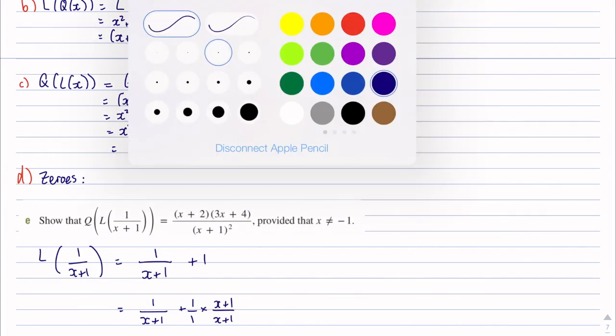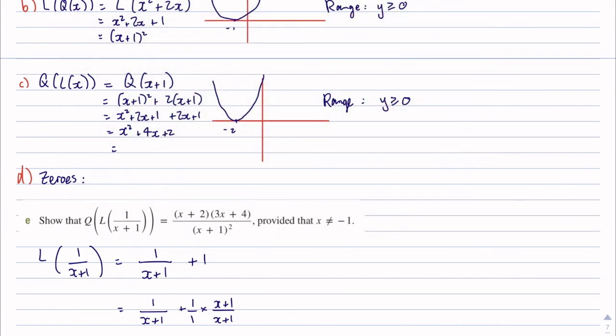I'm going to quadratic formula this one. y equals x squared plus 4x plus 2. x equals minus b, minus 4, plus minus the square root of 4 squared, take 4 times 1 times 2, all over 2 times 1. So x equals minus 4 plus minus the square root of, well, this is 16, take 8 over 2.